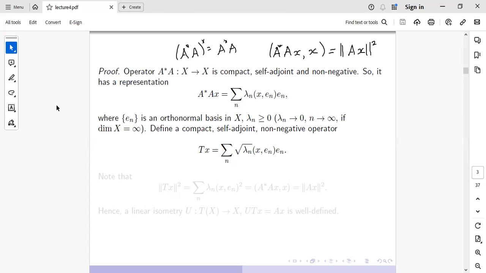Okay, and now let's compute the norm of Tx squared. It is equal to the sum of lambda_n times the inner products of x and e_n squared, which we can see is the same as the inner product of A star Ax and x, which is the norm of Ax squared.